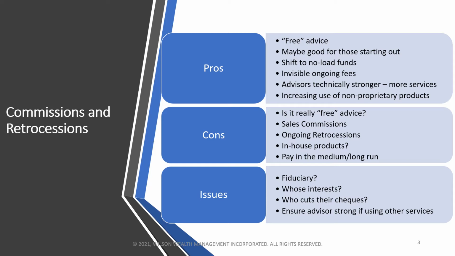Because their compensation is, yes, indirectly coming from me as the client. But if I'm faced with two funds and one gives me 1% per year in an ongoing fee, and the other one gives me 1.5%, that's a big difference in revenue in my pocket as the advisor. So is that more expensive fund in my best interest, or is it in his or her best interest?